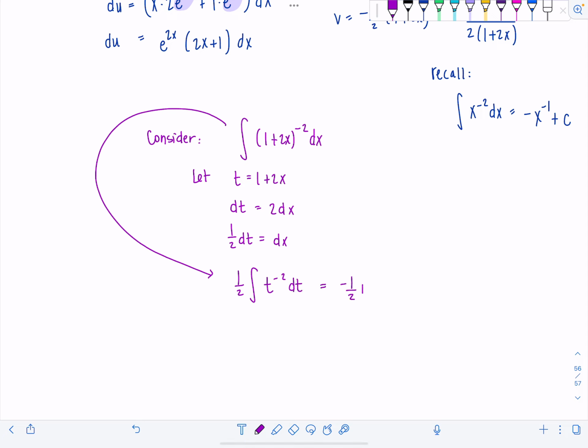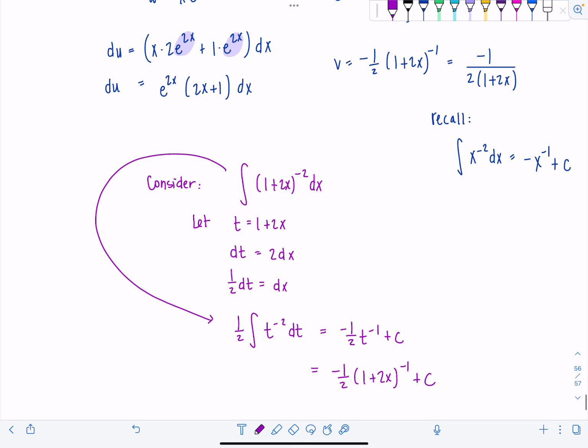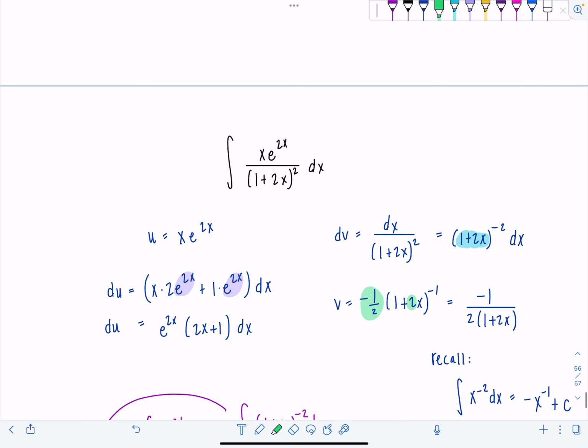So negative 1/2 t to the negative first plus c, negative 1/2 (1 plus 2x) to the negative first plus c. Which notice this right here is exactly what I had for v. All you need to do is just divide by that 2, because of the 2 in front of the x. You have to undo the chain rule that occurs when you differentiate. Okay. Anyways, now let's get back on track.